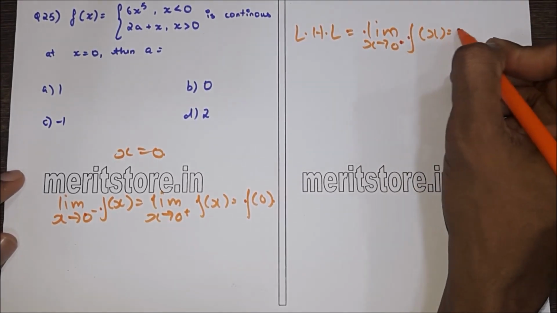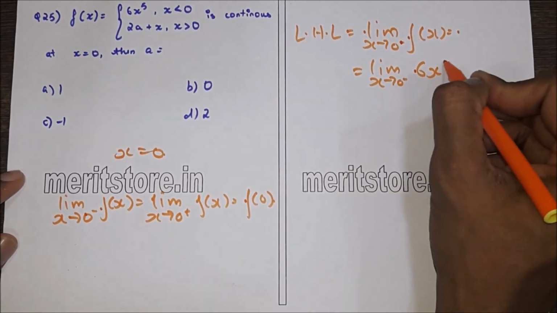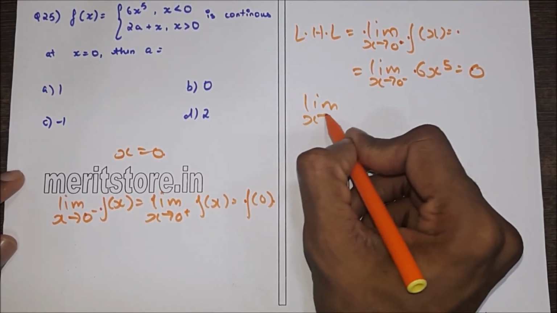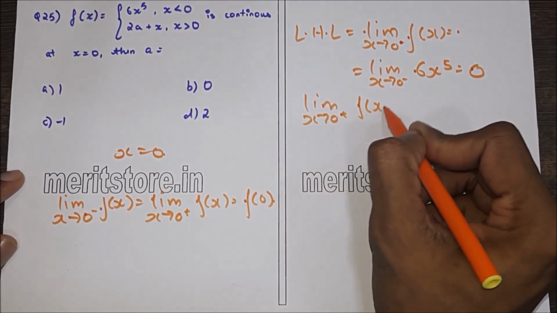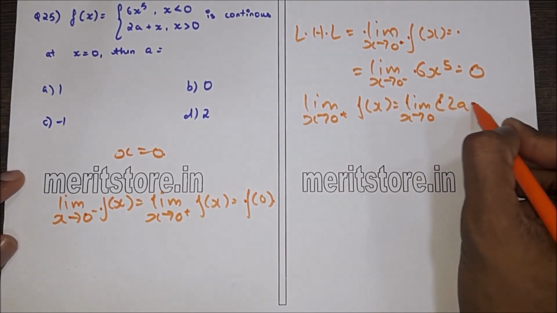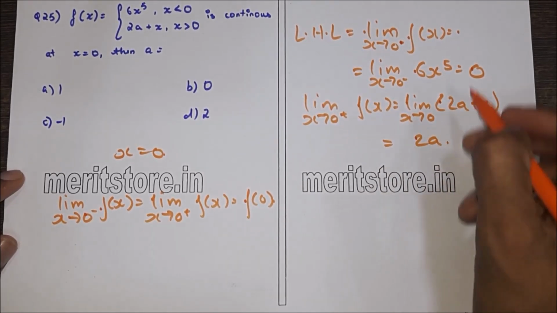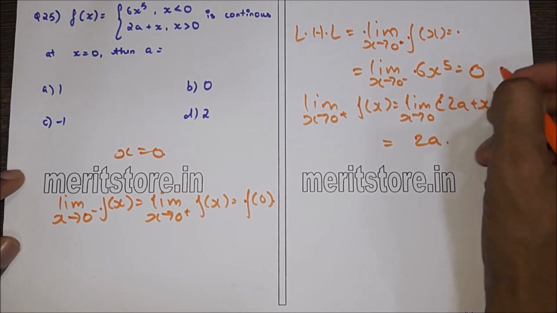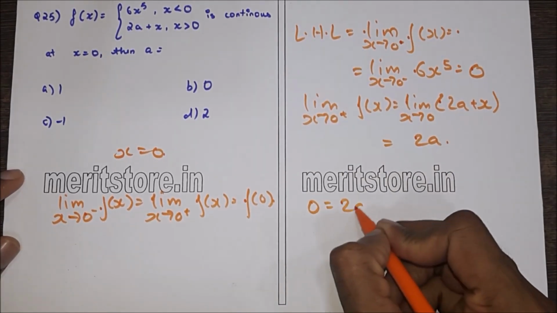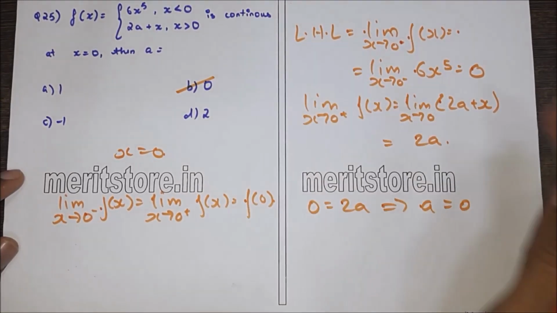For the limit as x approaches from the right hand side, we get 2a plus x, which is equal to 2a. So by this we get 0 equal to 2a, where we get the value of a equal to 0. Therefore, option B is the correct answer.